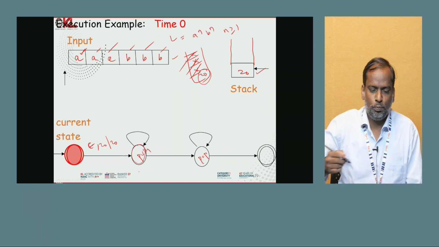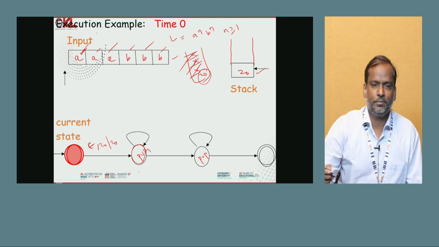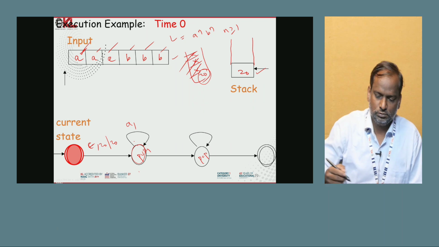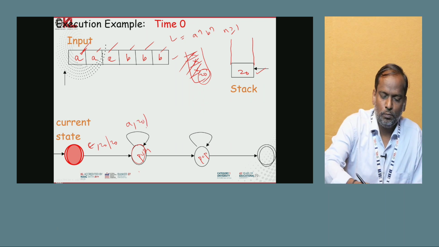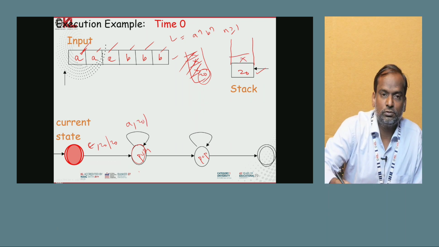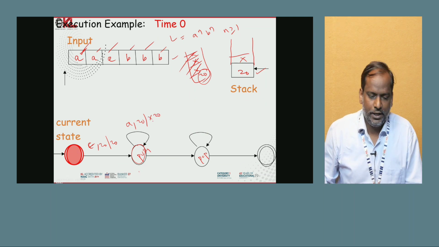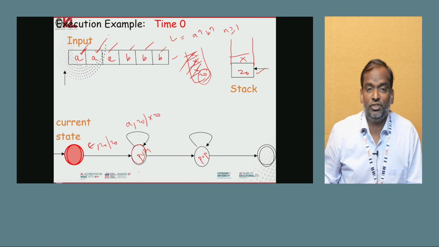Now again process the input, right? So read A. If I read A, what is the top of the stack? Z0. Then push X onto the stack, push X on Z0. Now read the second A, the current input symbol.